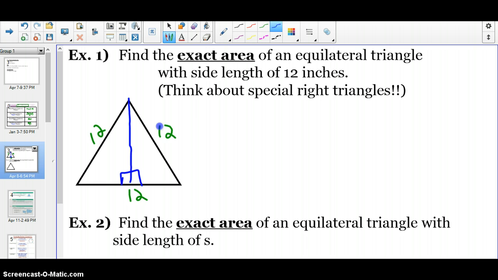So we should know, because this is equilateral, this angle here is 60. And then also this altitude here bisects that angle up there, which makes this 30 degrees. So this is a 30, 60, 90 triangle. Let me just refresh your memory on a 30, 60, 90 triangle. Let's say, I'm going to make this a little bit bigger over here.